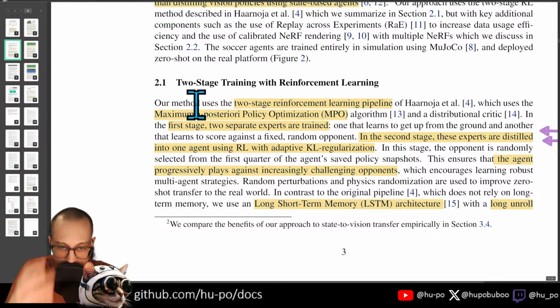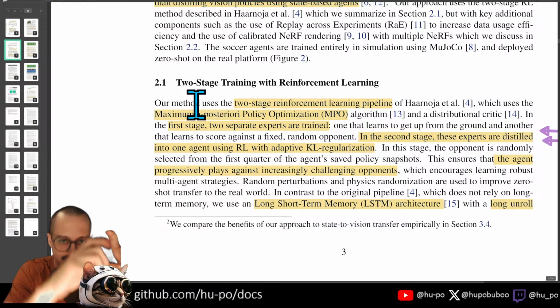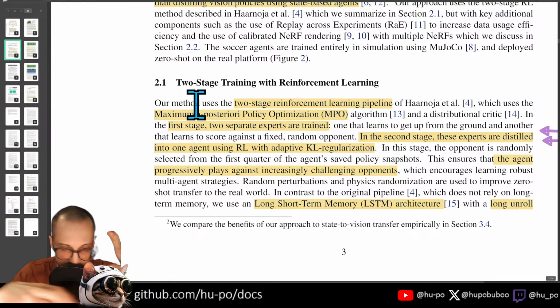So if it notices that it's on the ground, the high level policy will say, okay, let me play the low level get up policy. And then once that's done, then I'll play the score a goal policy, right? So you have this kind of hierarchical, high level policies, low level policies.